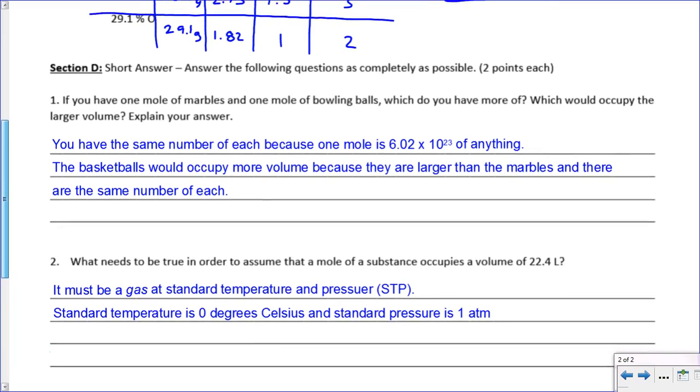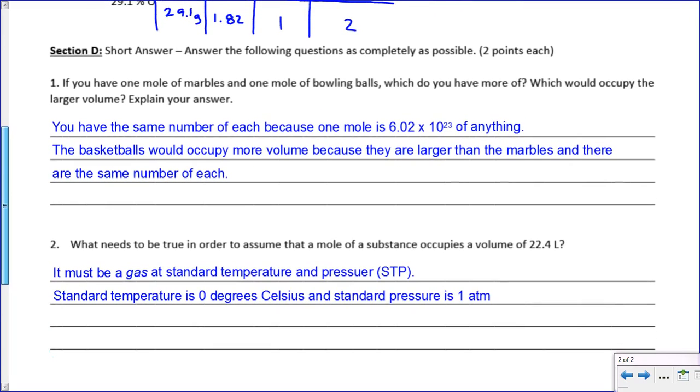And then the short answers are already sort of written in, but I'll explain. It says, if you have 1 mole of marbles and 1 mole of bowling balls, which do you have more of and which would occupy a larger volume? Explain your answers. So in this case, what we're kind of comparing it to is the molar volume of something that's small, like sodium chloride, versus the molar volume of something that is large, like sugar.